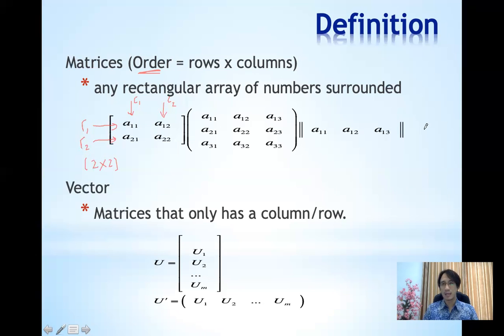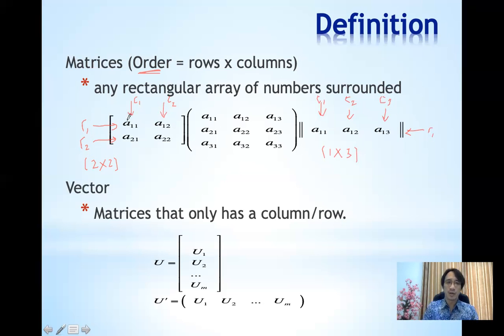We have only one row with 3 columns: column 1, column 2, and column 3. So this matrix order is 1 times 3. Don't be confused. This is a 1 times 3 matrix, not 3 times 1, because the first number shows the number of rows. Then the second is the number of columns.